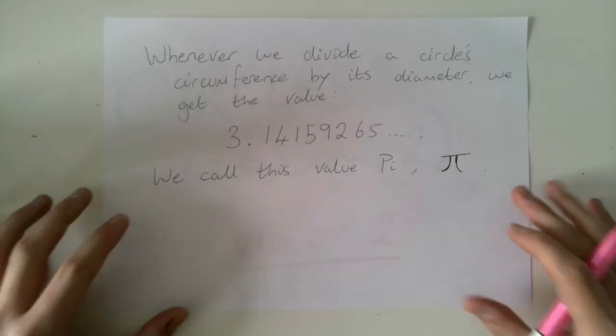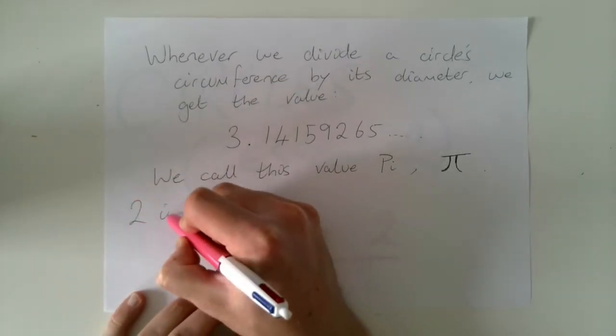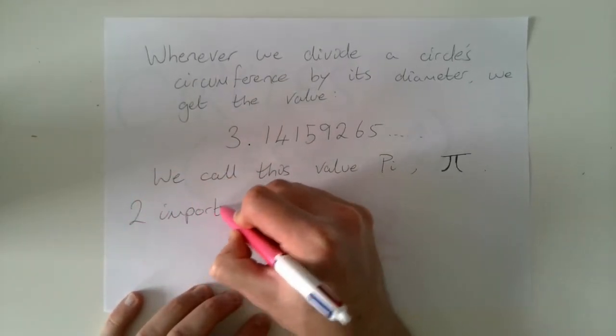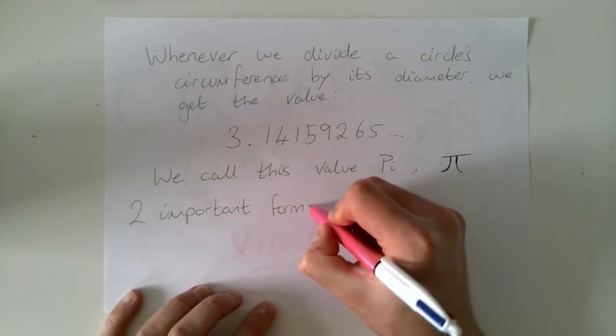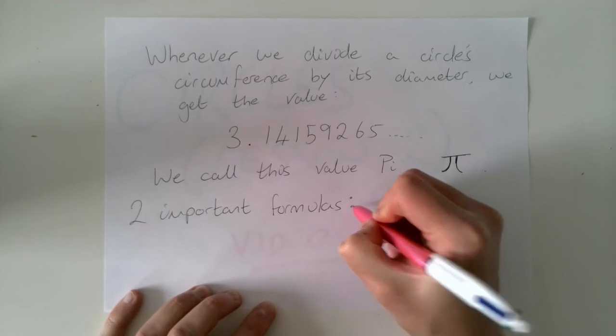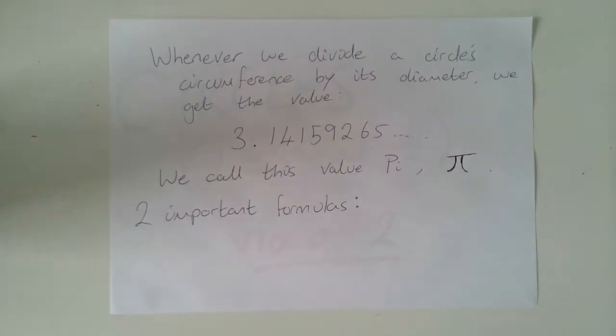Now there are two important formulas that we use when it comes to pi and circles, and I'd like you to write them down. This is what we're going to look at next lesson. We're going to do some calculations using these two important formulas.